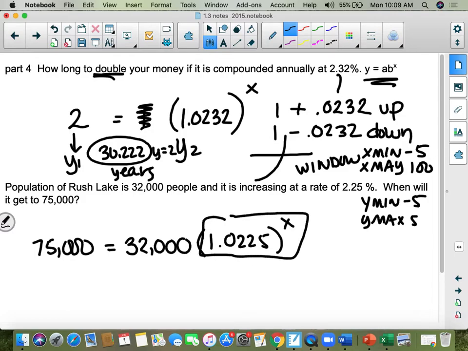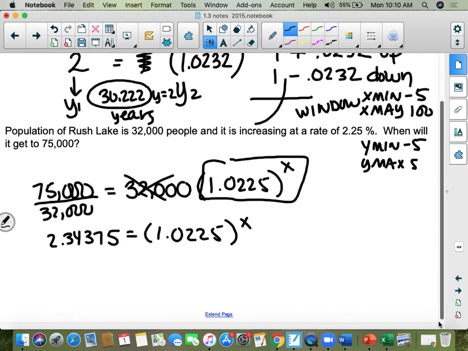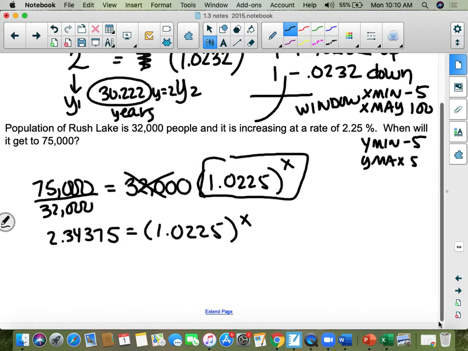I have to divide both sides by 32,000 first, which gives me 2.34375 on the left-hand side equals 1.0225^x. I want to know how long it's going to take for the population of Rush Lake to go from 32,000 to 75,000.